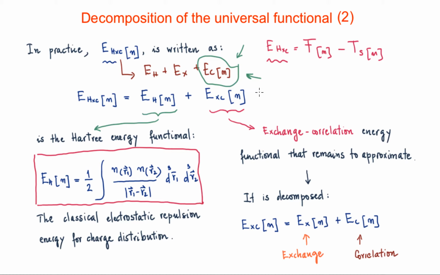So here we have analyzed different decompositions of the universal functional within this Kohn-Sham method, and next we need a method to describe and to get the Kohn-Sham wave functions that appear in the kinetic energy functional and also in the exchange contribution to the Hartree exchange and correlation energy functional.